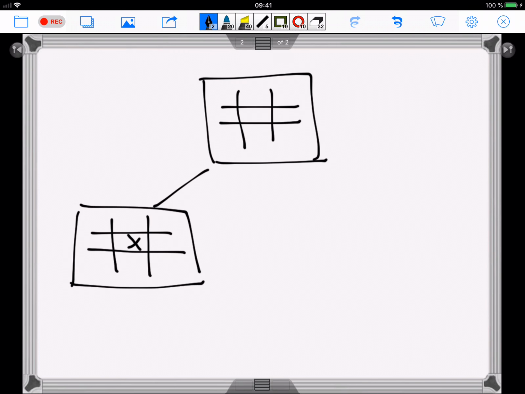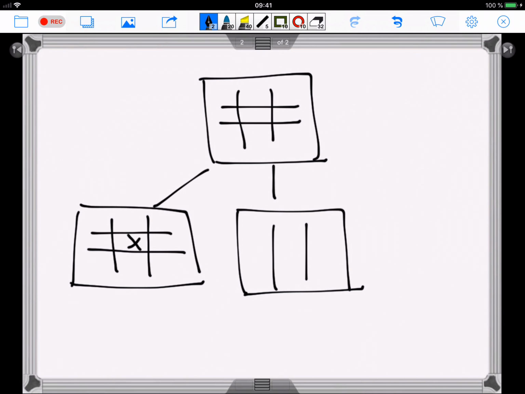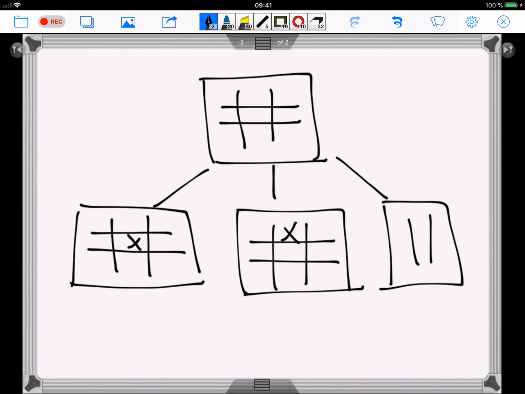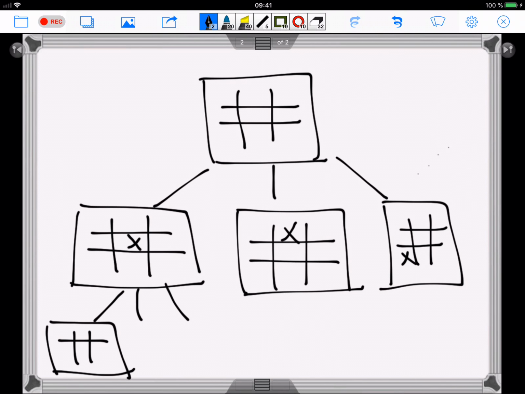For instance, if the first player chooses this cell, or if the first player chooses this other cell, or if the first player chooses, I don't know, this cell, and so on, up to the 9 different possibilities that the first player has. And then from each of these, we have the different possibilities for the second player.